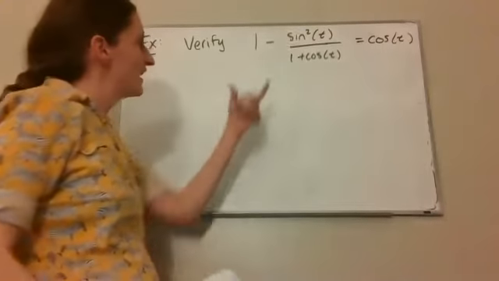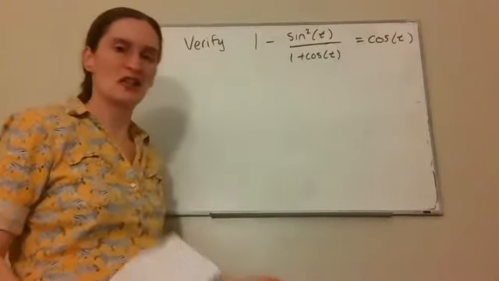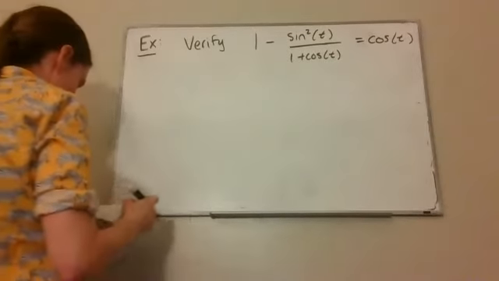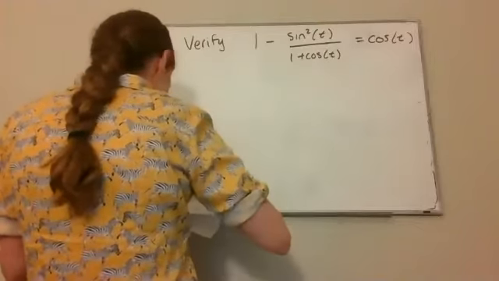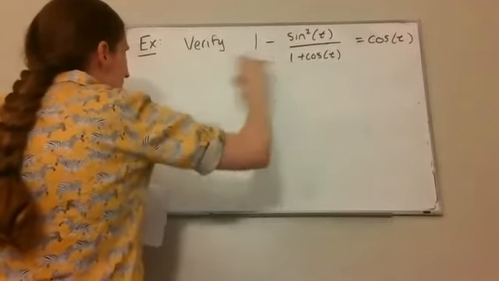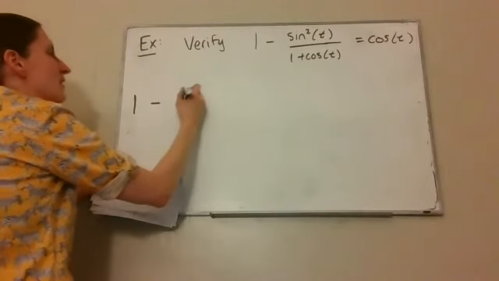So again, I'm going to take this left-hand side and manipulate it and hopefully get it to look like the right-hand side. So what I would do, I really don't like this second term here. Let me try multiplying that second term by the conjugate of the denominator, just because I really don't like that.